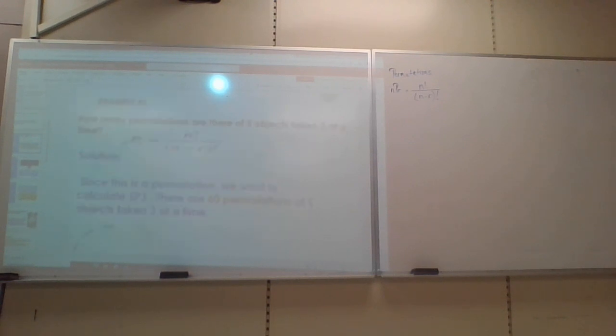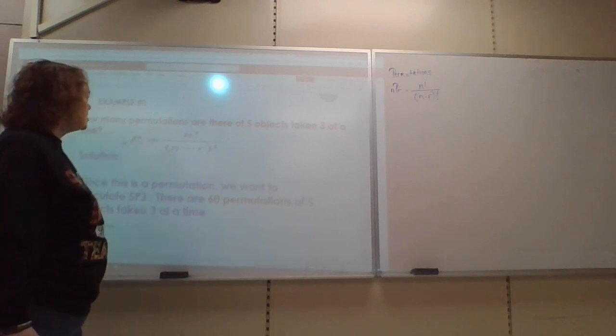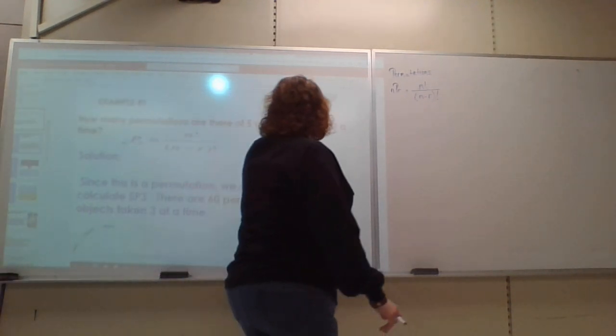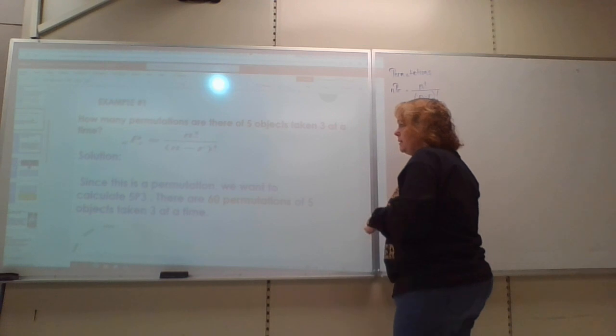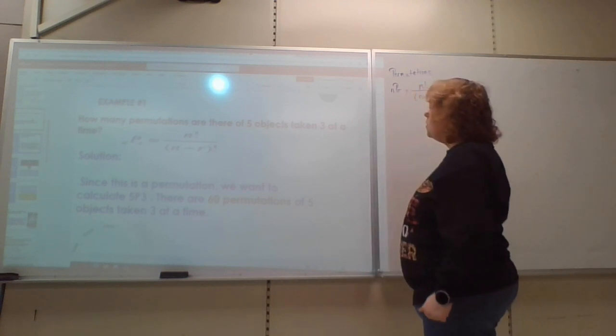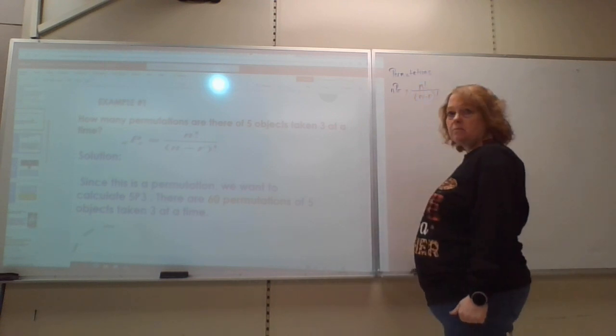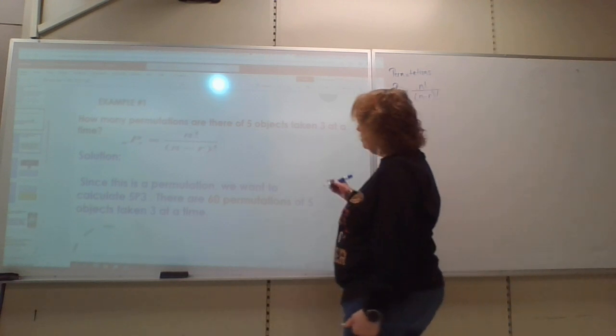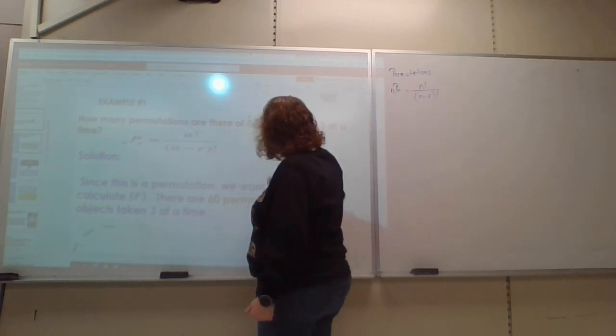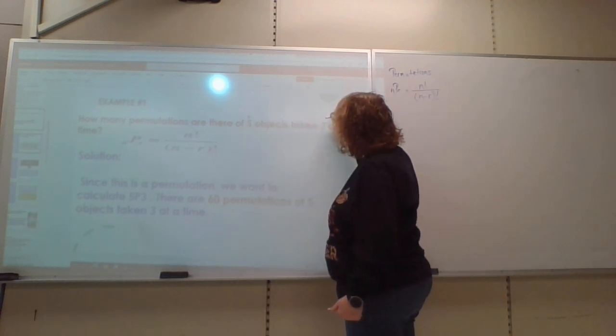Now, here we go. I'm going to show you. We are doing permutations that have 5 objects taken 3 at a time. First of all, what is my N? N is my number total. N is 5, and my R is 3.